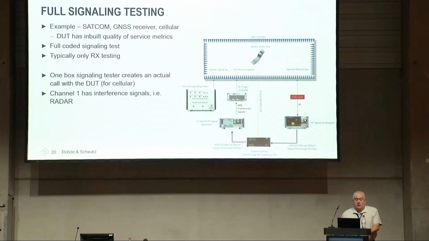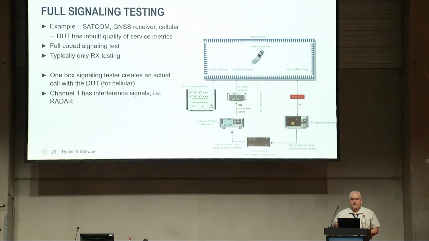So, full signal testing. There are really two kinds of testing depending on what the device you're testing does. Full signal testing is typically for a device that has some kind of inbuilt quality of service metrics. You can take a cell phone, especially in manufacturing or design, and put it into a mode where it tells you a lot of information about how well the cellular link is performing.